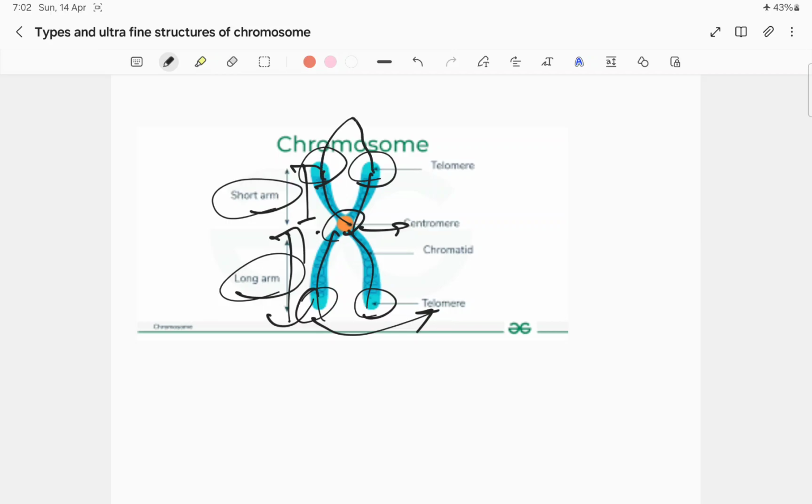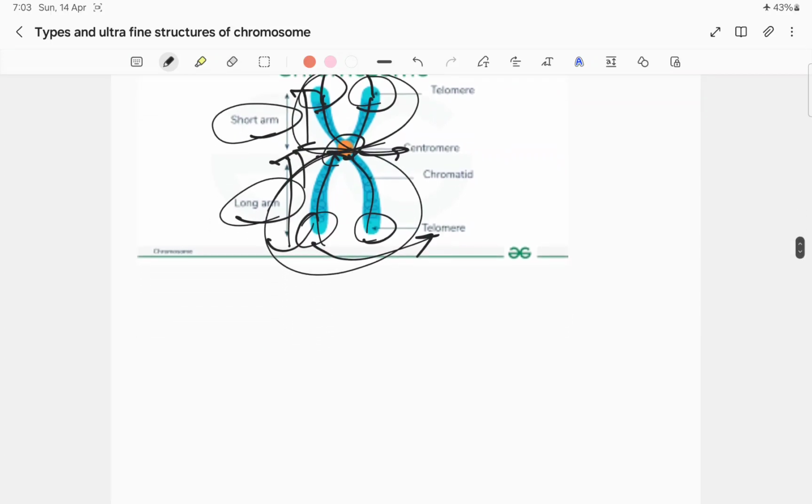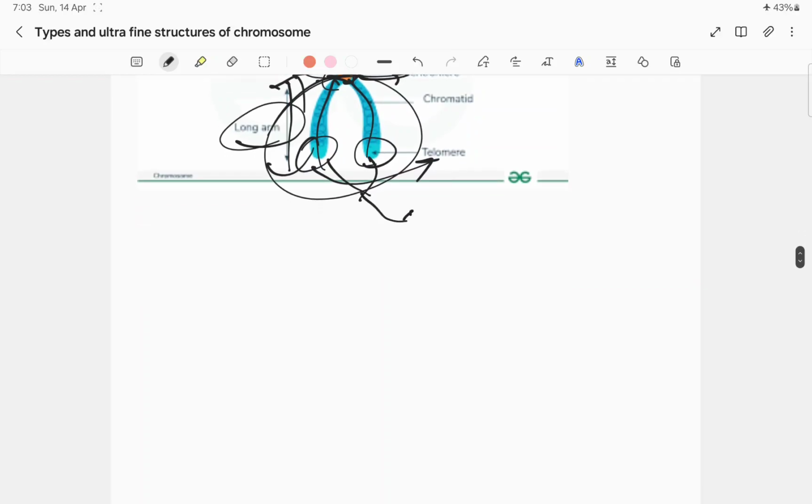The chromatids which are on the same side of the centromere are called sister chromatids. These both are called sister chromatids, and these both are also called sister chromatids.